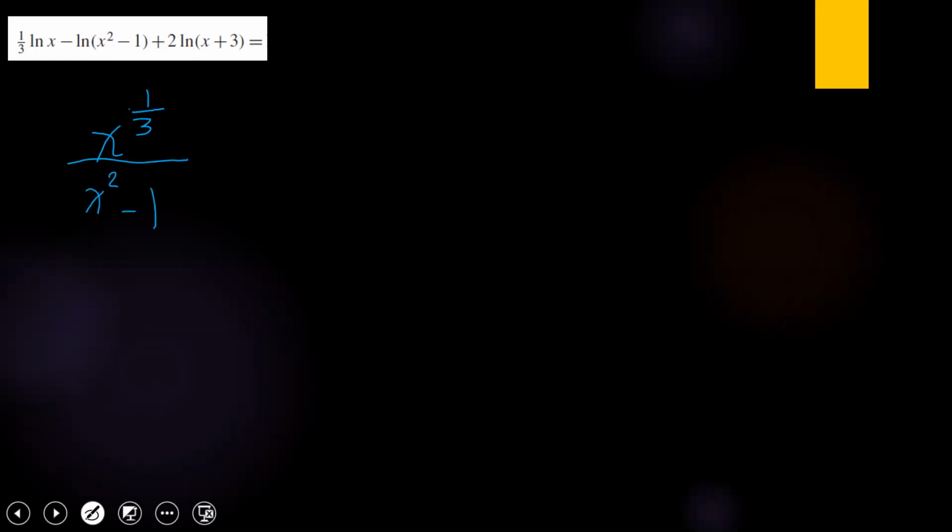So x squared minus 1, plus means multiply, 2 ln of x plus 3. That means it is x plus 3 squared.